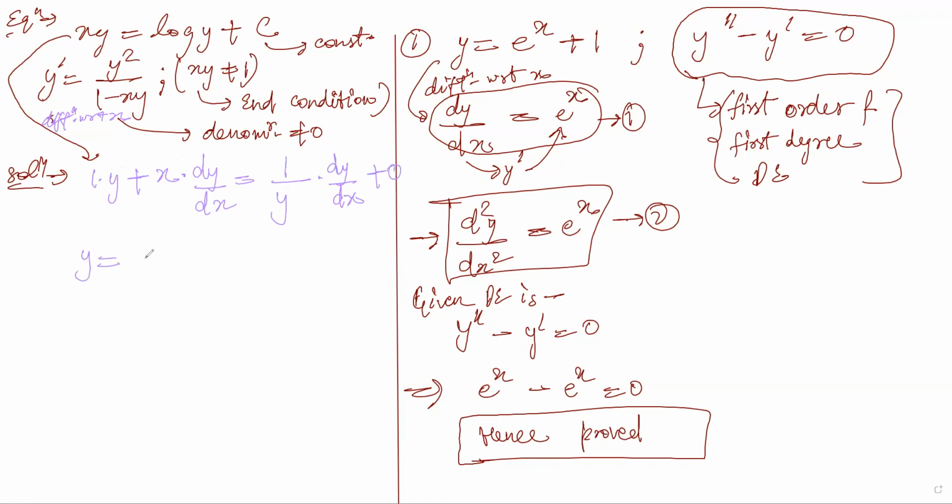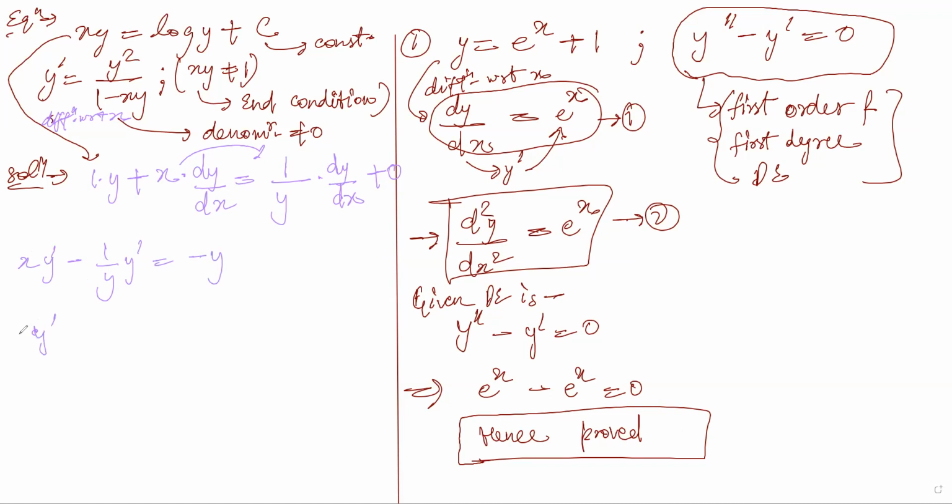We can take this x into dy by dx towards the right hand side. Or we can take y and 1 upon y dy by dx, we can interchange them. So we'll get x dy by dx, or we can write it as xy dash, minus 1 upon y dash is equal to minus y, right?